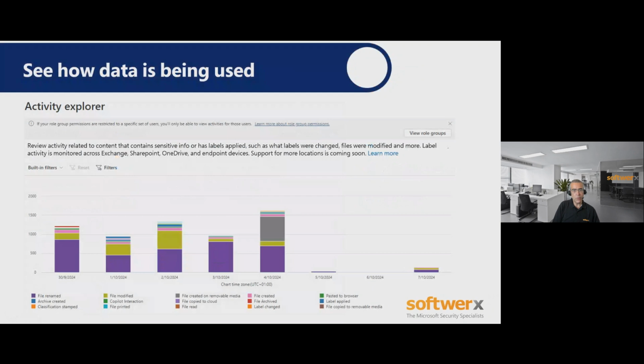What this will do is show you how data is being used on a day-to-day basis. File renames is quite significant in this example, or file created on removable media on one day was quite a high volume. Why is that the case? Is it something which will potentially impact our data loss prevention policies? But what information do we have and how is it being used?